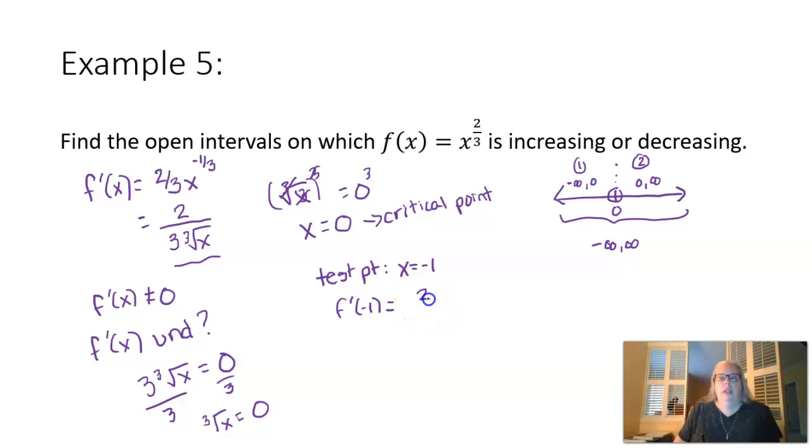Well, it's going to be 2 over 3 times the cube root of negative 1. Alright, well, the cube root of negative 1 is just negative 1. So we've got 2 over 3 times negative 1, which is going to give me negative 2/3. This is negative. And that tells me that from the interval negative infinity to 0, my function is decreasing.